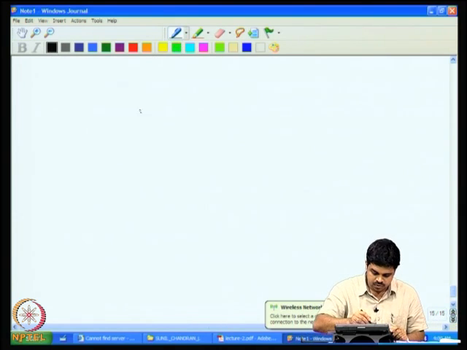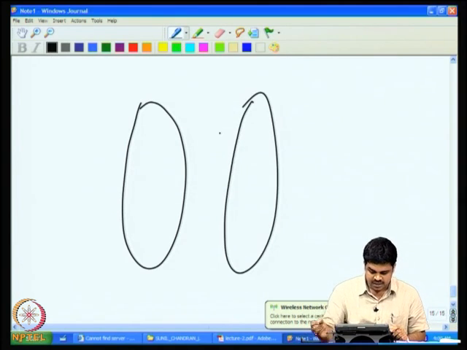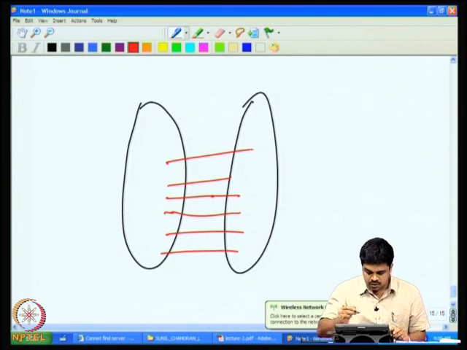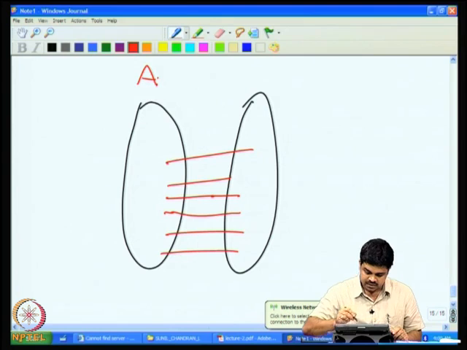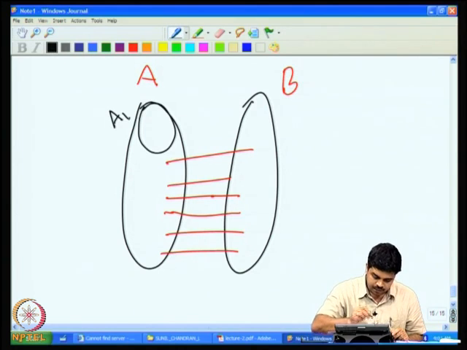Why is it so? Let me group the bipartite graph vertices into these categories. Let us say these are the matching edges we considered. Now there are 3 kinds of vertices here on both sides. This is the A side, this is the B side, and one category I will call A1, the unmatched vertices.